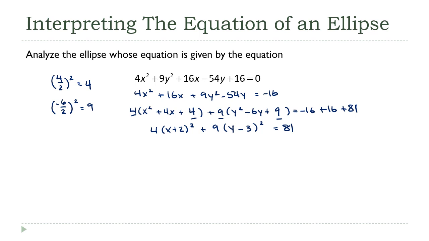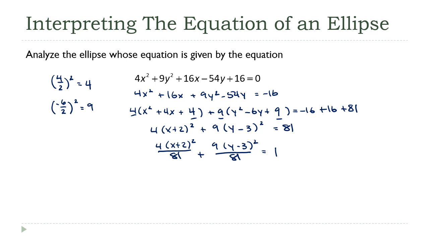We have to have a 1 there before we can start grabbing a's and b's. So if I divide by 81, this becomes 4 times x plus 2 squared over 81 plus 9 times y minus 3 squared over 81 equals 1. All right, I'm going to go a little further.